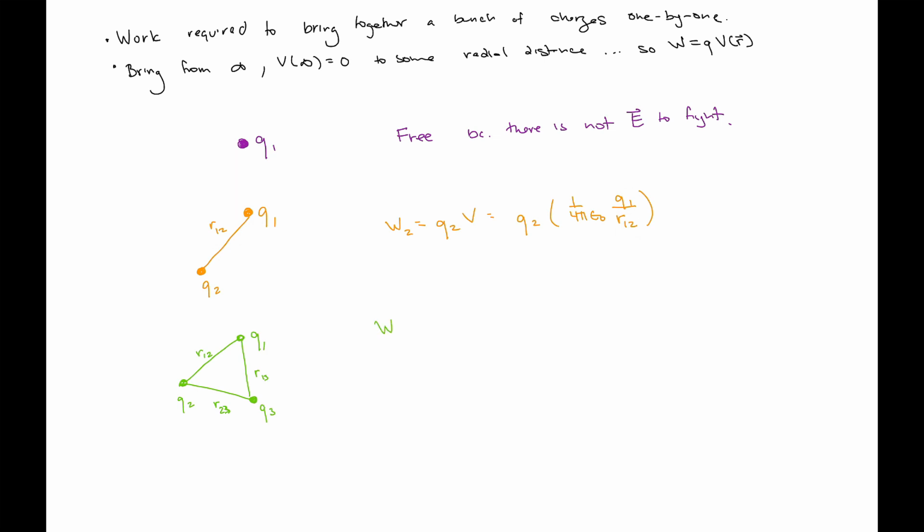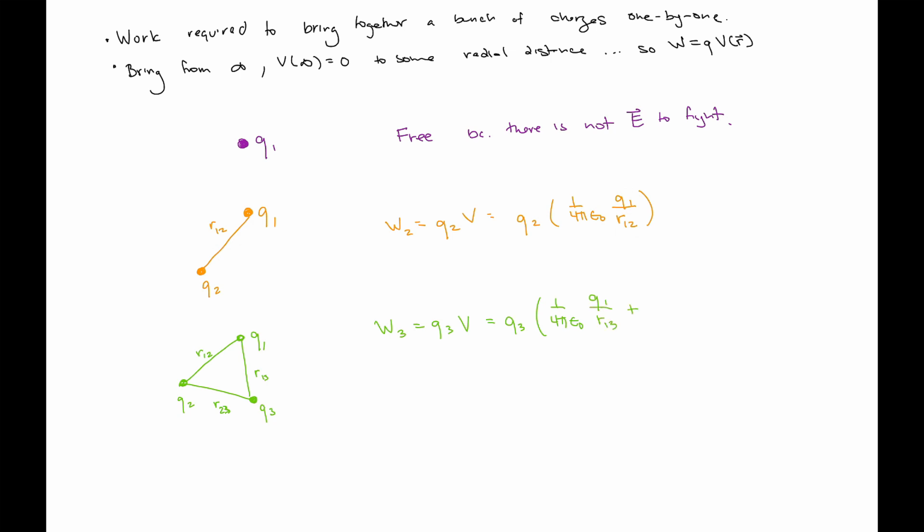Now the work done to pull in this third charge is going to be equal to the magnitude of the third charge, again, times the potential that was present when we were pulling it in due to the other two charges. We can use the principle of superposition here. I can treat the potential of each of the original charges separately and just add them together.